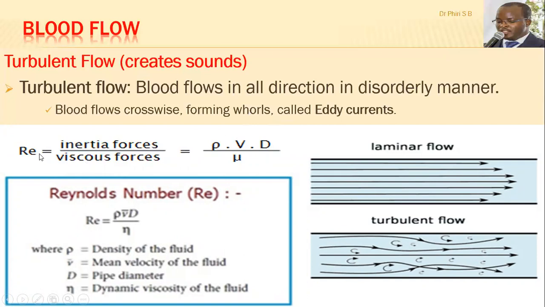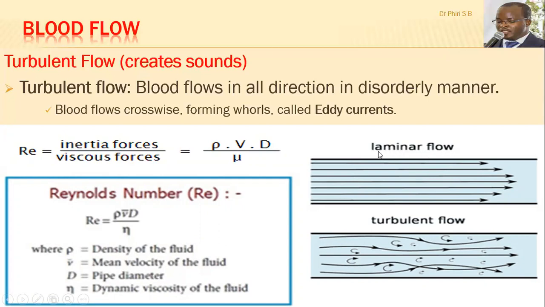But it's inversely proportional to the viscosity of the blood vessels. So you can have laminar flow or turbulent flow depending on the Reynolds number. Under normal circumstances, if the Reynolds number is less than 2,100, you're going to have laminar flow.